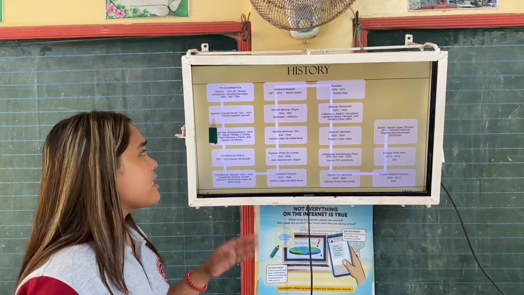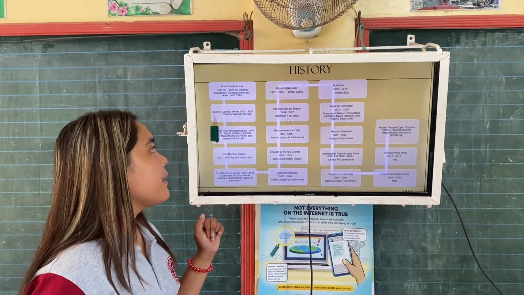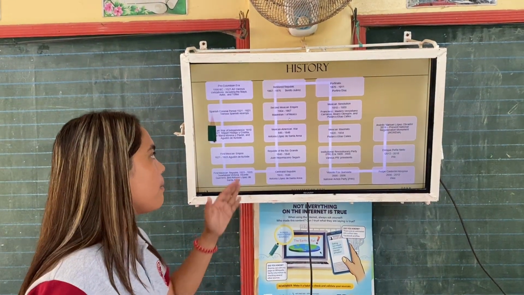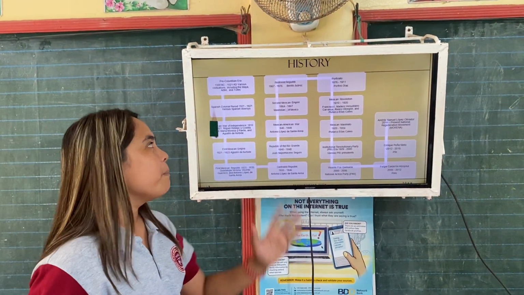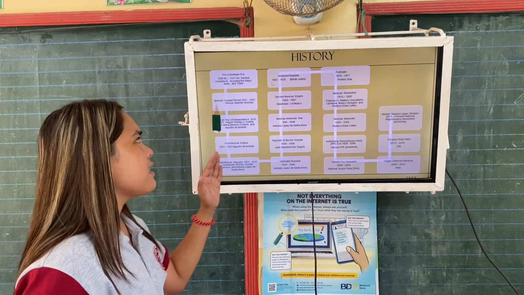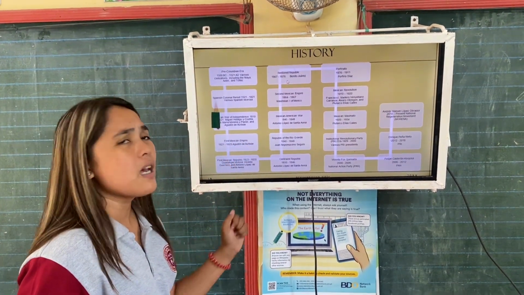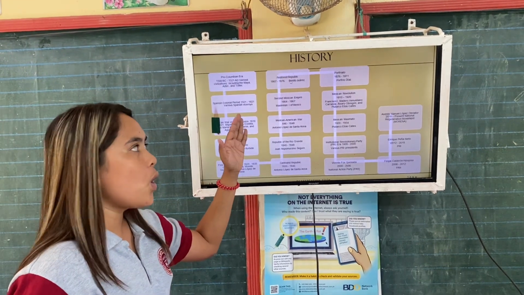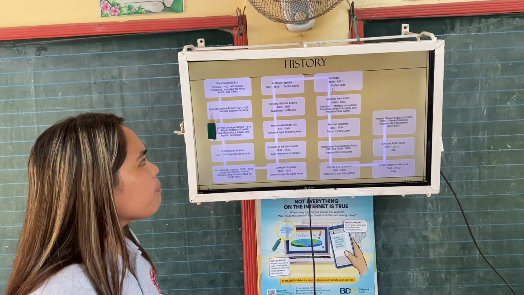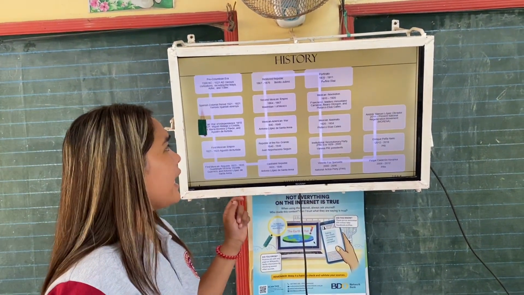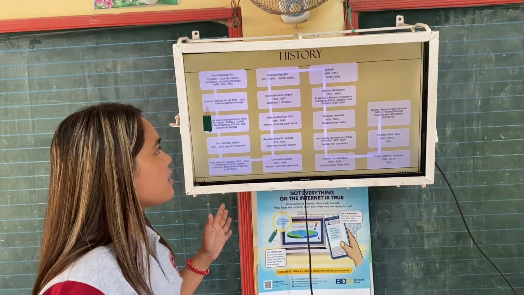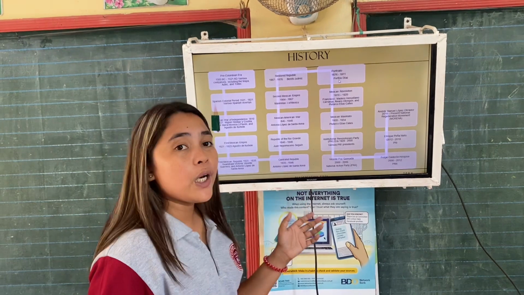And then the Second Mexican Empire by the year 1864 to 1867, Maximilian I of Mexico. And then by 1867 to 1876, the leader is Benito Juarez, the Restored Republic. And then by 1876 to 1911, the Porfiriato happens under the lead of Porfirio Diaz.